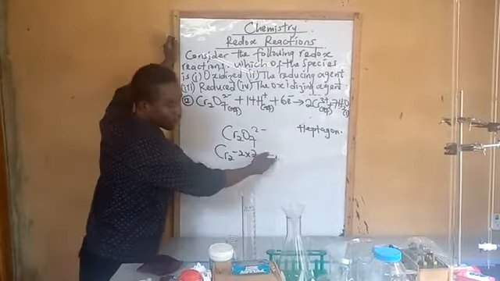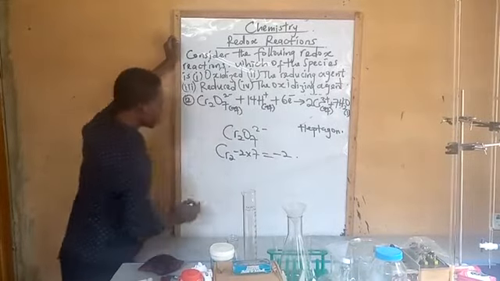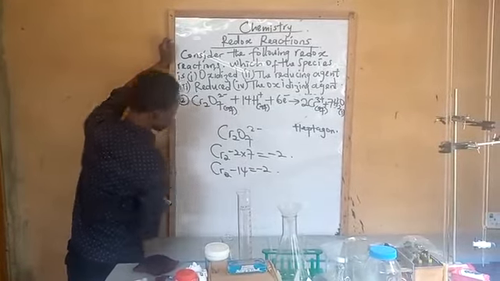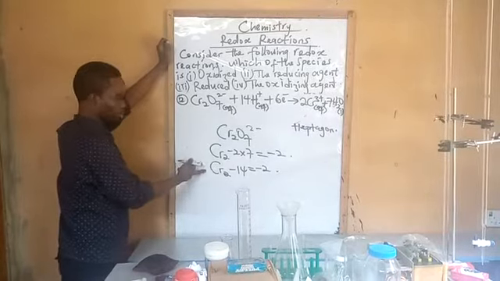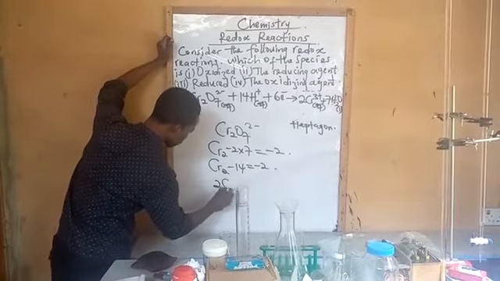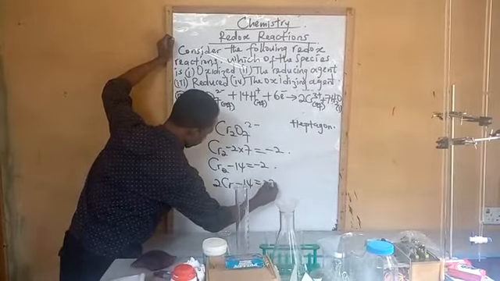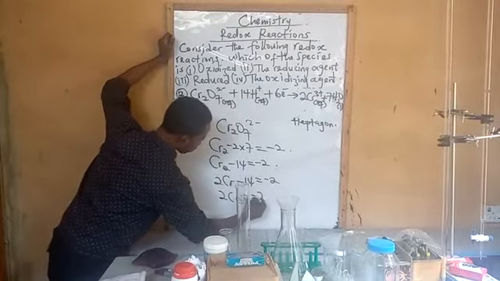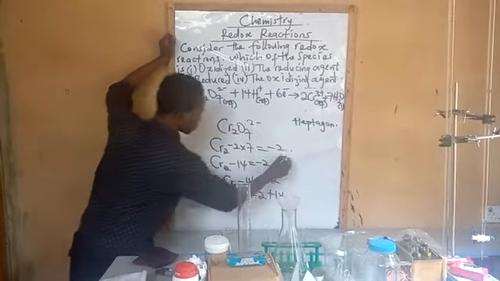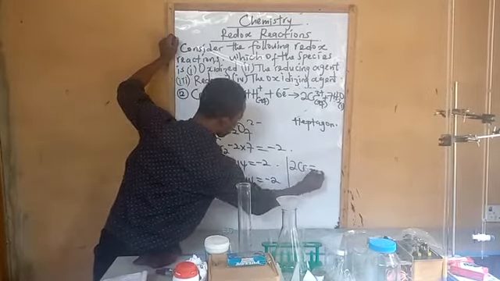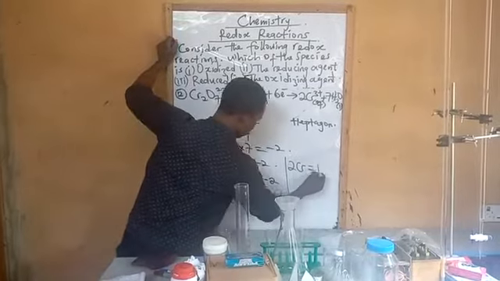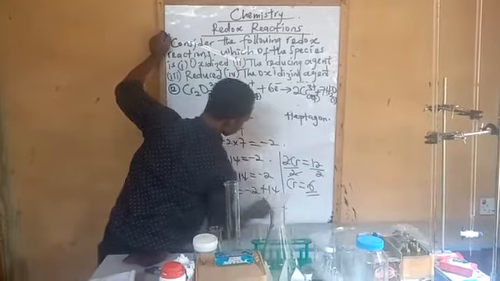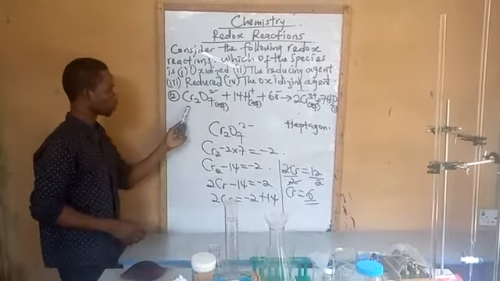You bring the -14 to the other side: 2Cr equals -2 plus 14, that is 12. Divided by 2 over 2, so chromium equals 6. So the oxidation number of chromium here is 6.